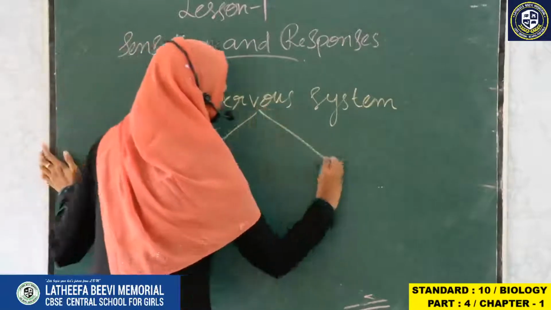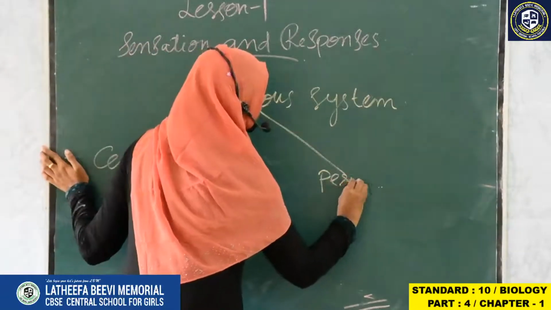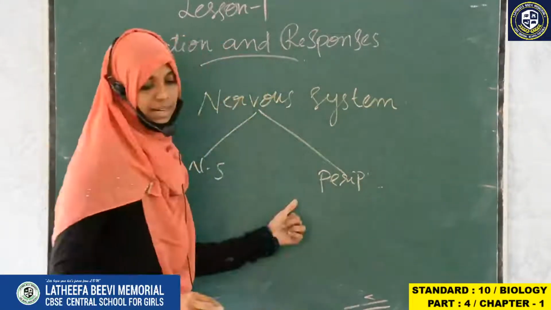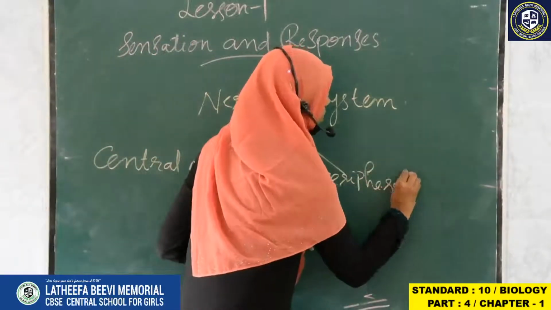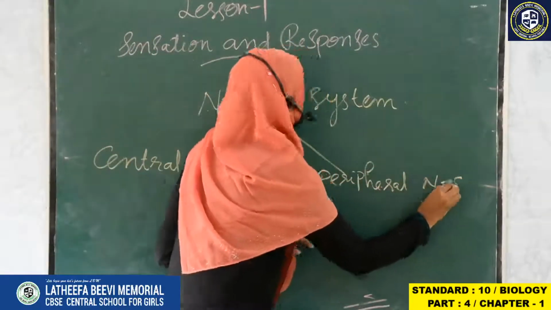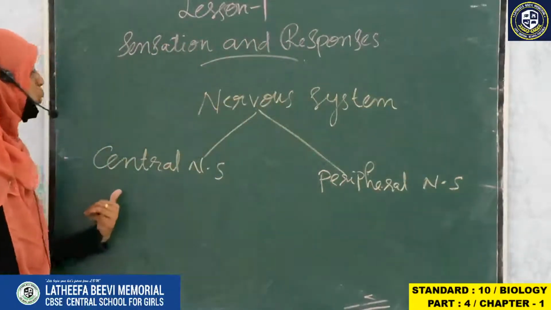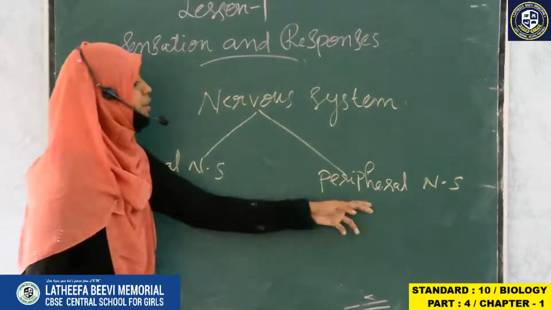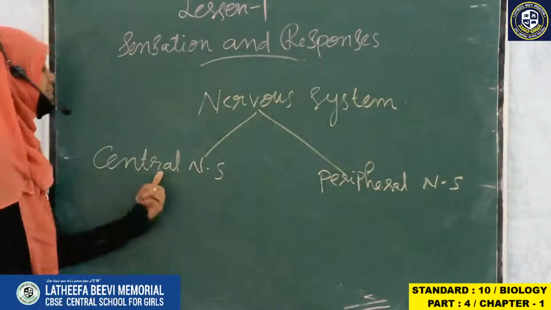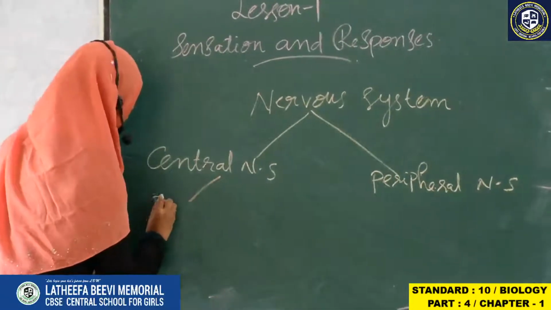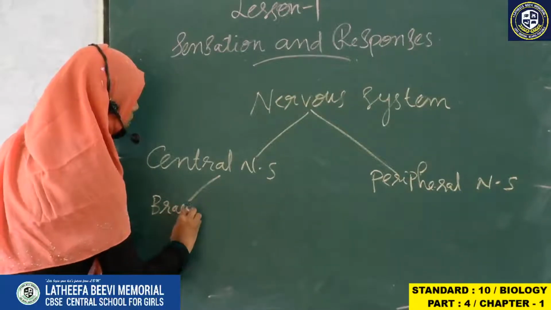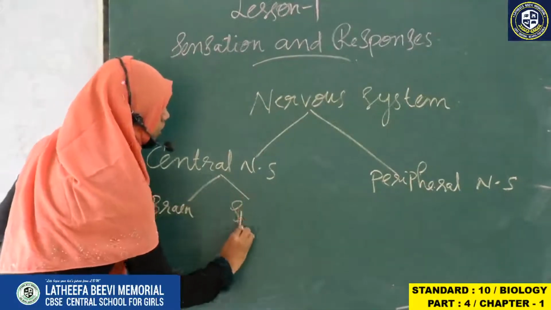We can classify the nervous system into two: central nervous system and peripheral nervous system. The central nervous system has the brain and spinal cord.